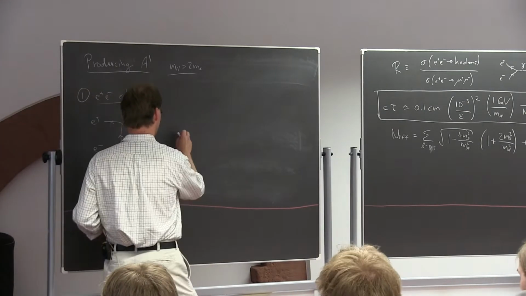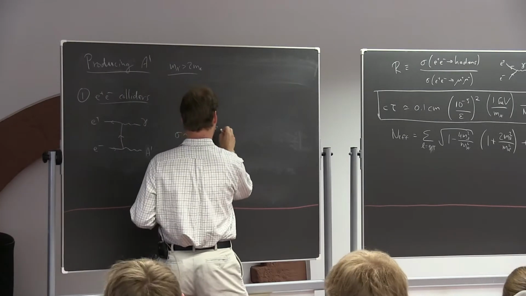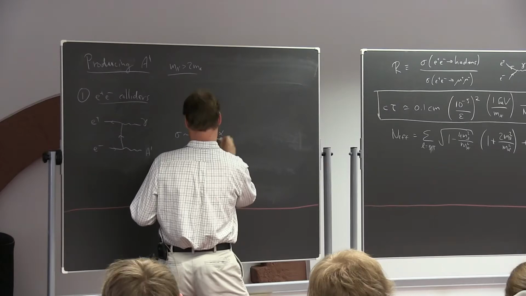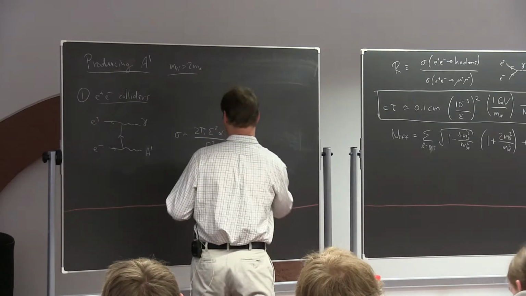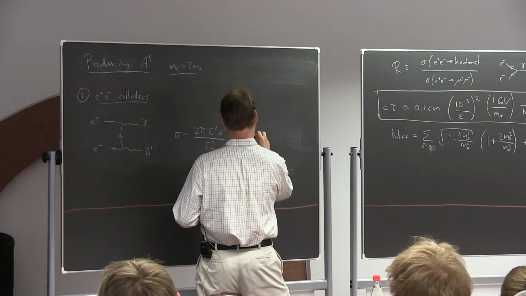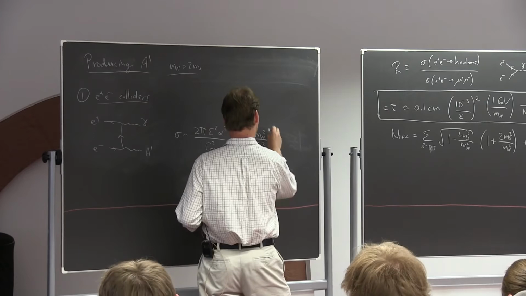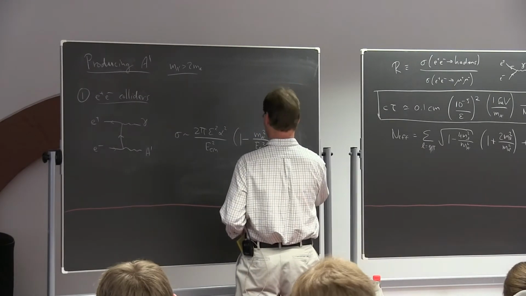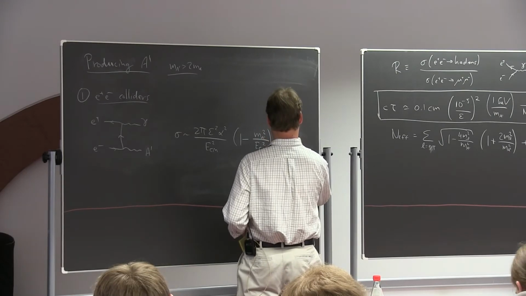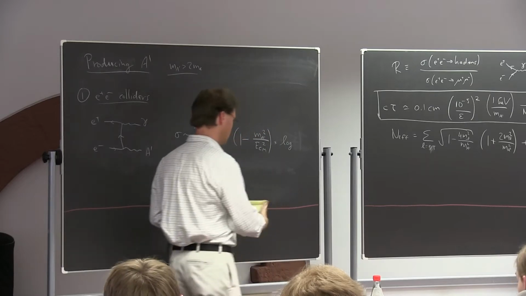And the cross-section for this will scale as 2 pi epsilon squared alpha squared over the center of mass energy squared. Then there are some factors which take care of the kinematics, and also some large logarithm which depends on the exact setup.